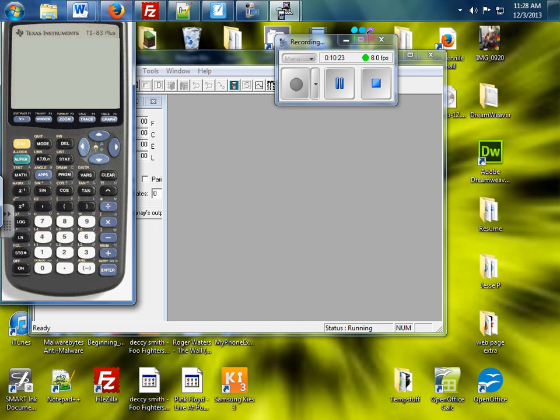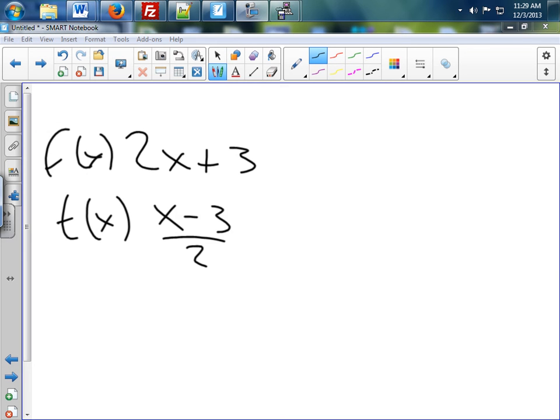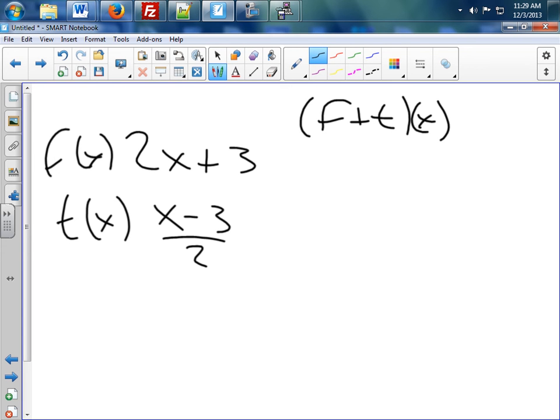Okay, so you want to find f plus g of x. Since I'm not finding a number, I'm just going to add my functions together. So I have to take 2x plus 3 plus x minus 3 over 2. How in the world would I do that? Don't you put a common denominator? You'd find a common denominator.